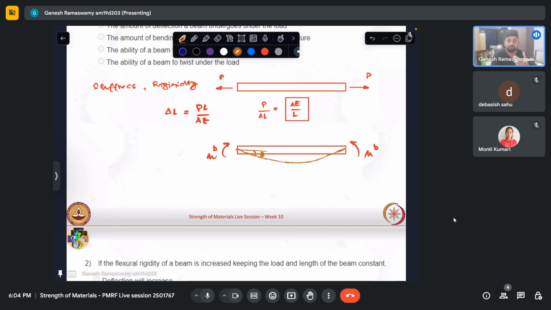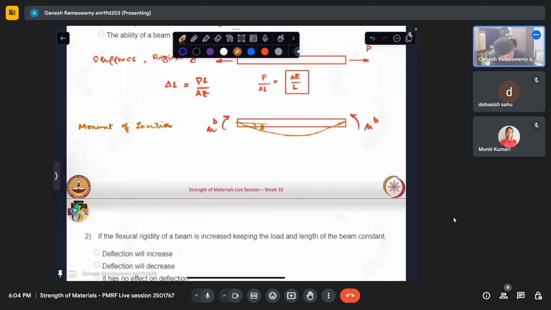So what is the moment required to generate a unit rotation? It will come as some relation of its moment of inertia, which has to do with the geometry.